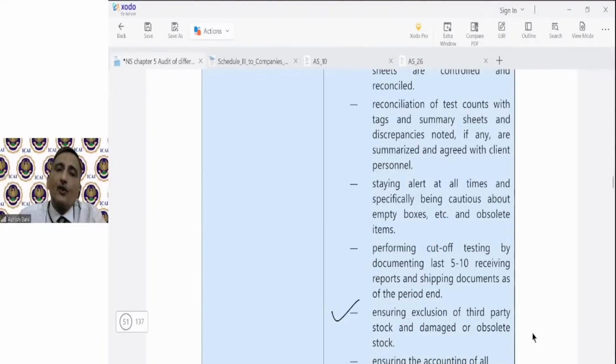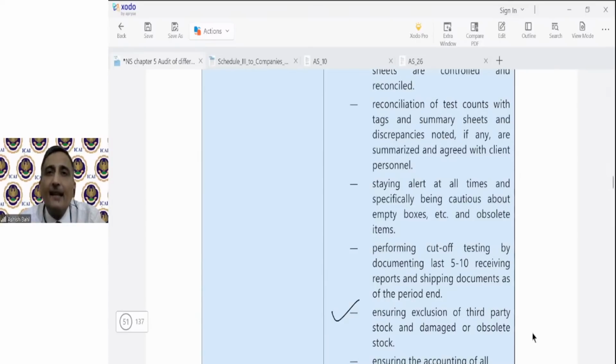So the stock which is sent by another third party, the company has to perform some operations on it and then send it back to the third party. So this type of stock, although lying in the premises of the company, is not property of the company.